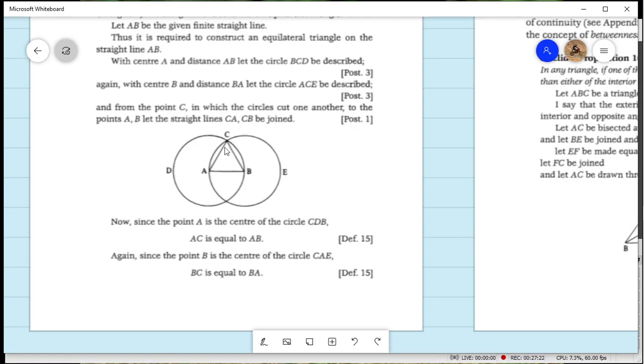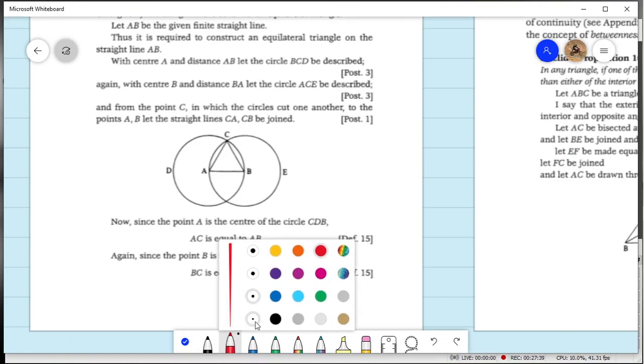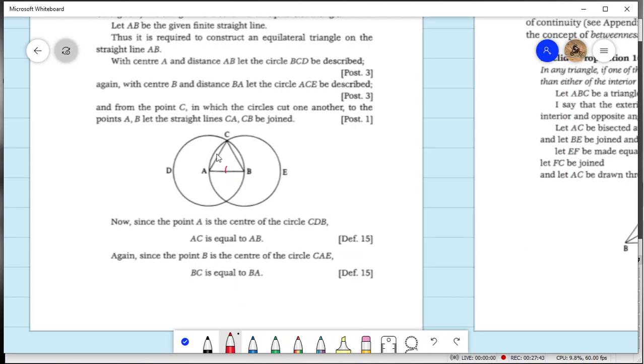Since AC is a radius of the same circle BCD, then it should be equal to AB, meaning this line segment here should be congruent to this line segment here.